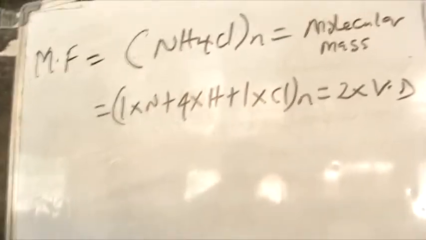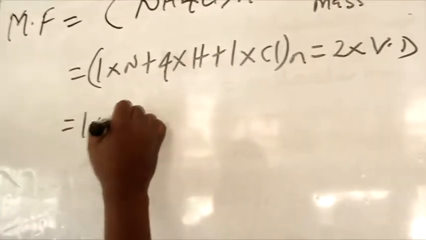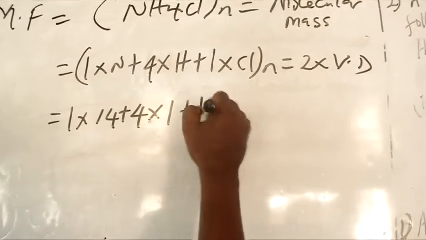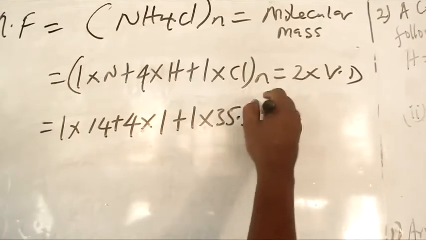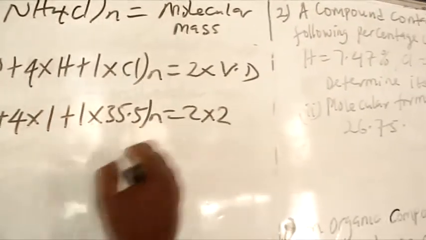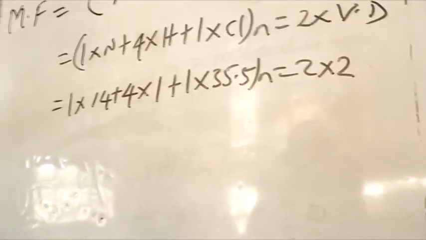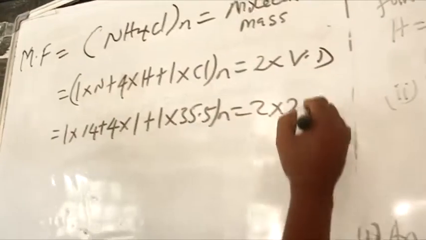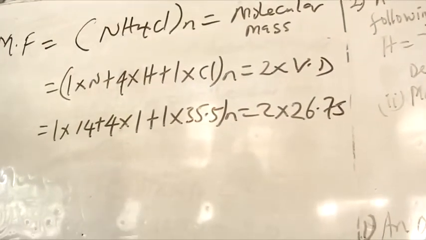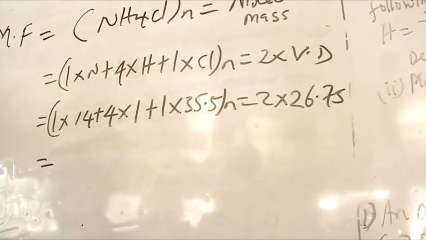You know what Vd means? Vapor density. This is 1 times 14 plus 4 times 1 plus 1 times 35.5. N is equals to 2 times the vapor density from the question, which was 26.75.